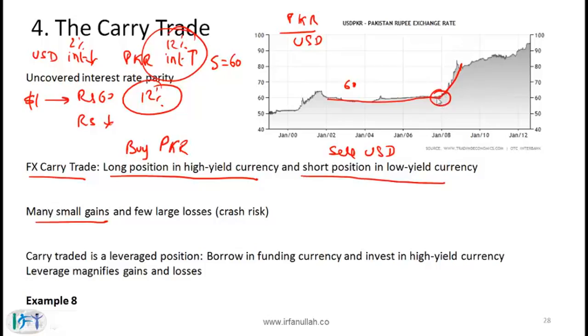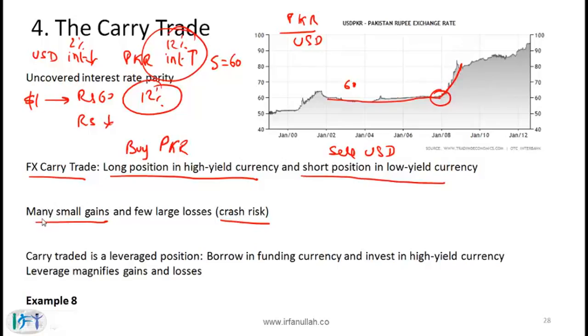So clearly this strategy would have resulted in significant losses, and these large losses are referred to as crash risk, because if, as happened over here, the rupee suddenly starts losing a lot of value, then clearly this FX carry trade will result in substantial losses. So those losses are referred to as crash risk.